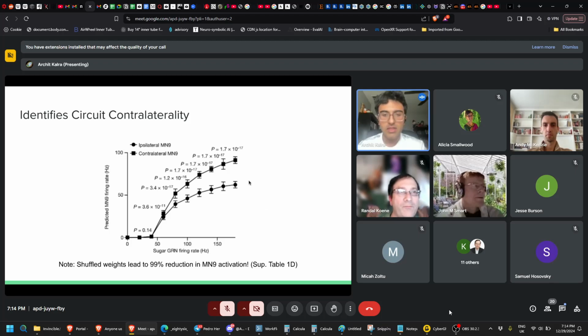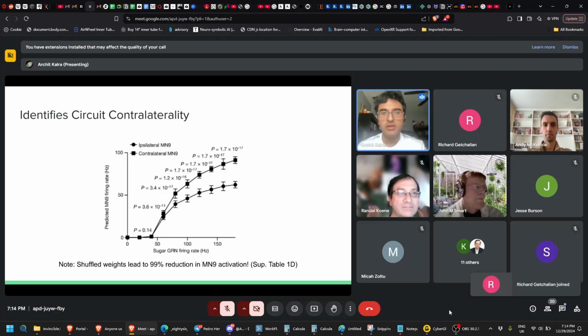We see that given the computational model, the contralateral motor neuron is far more active, with a higher firing rate, given the sugar neuron's firing rate, which is something you stimulate in the actual network itself. This is pretty much in line with experimental studies, which show that the contralateral motor neuron tends to be slightly more active than the ipsilateral motor neuron.